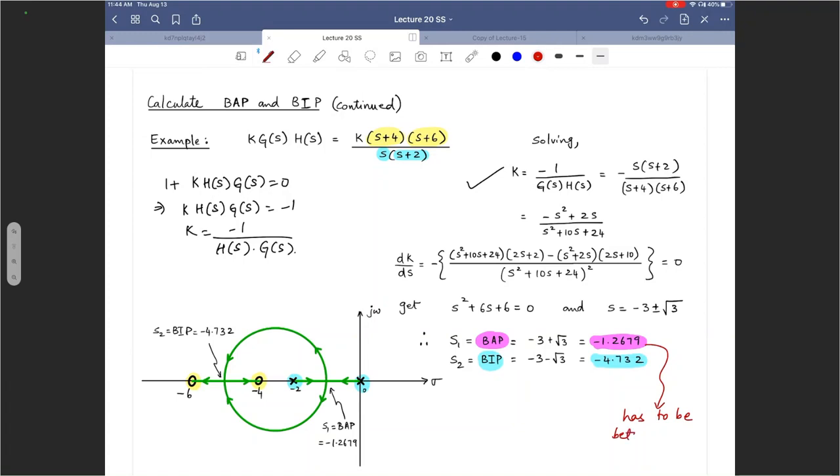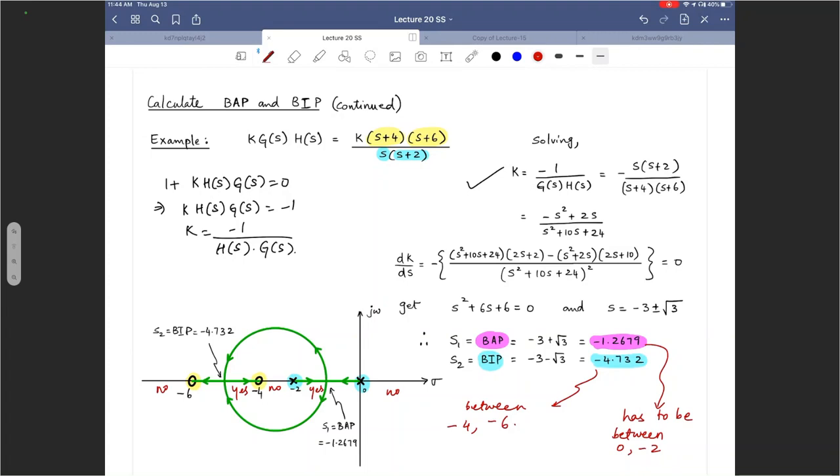So this has to be between 0 and negative 2, and this one has to be between negative 4 and negative 6, right? That's what we said based on the no yes rule, on the real axis.